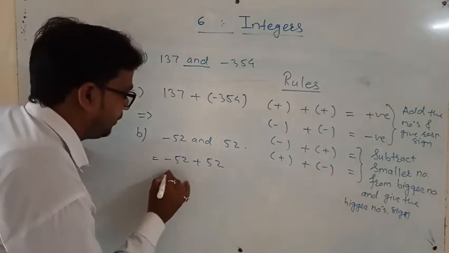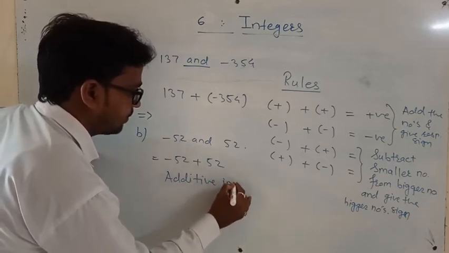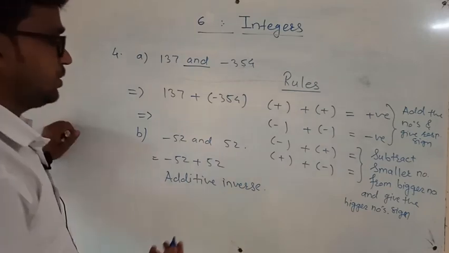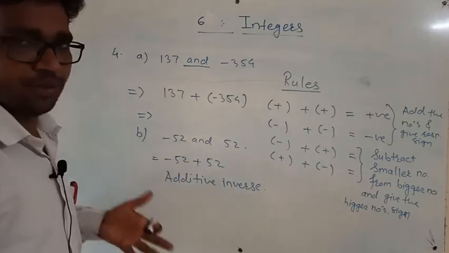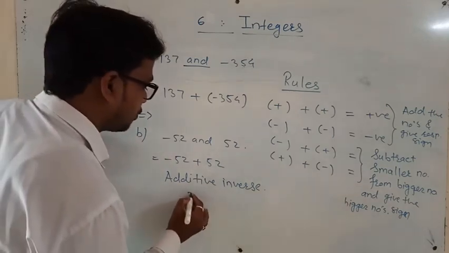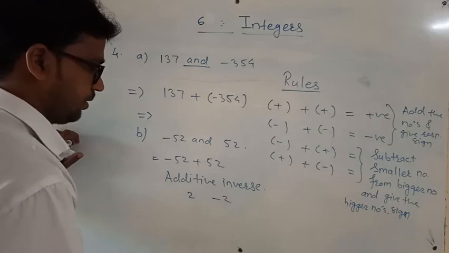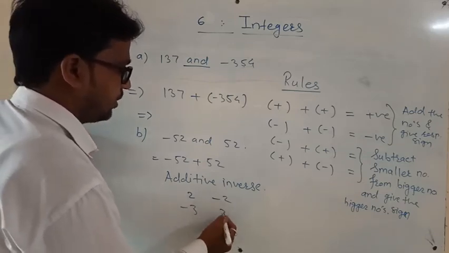It's the additive inverse. These are additive inverses. Now what is meant by additive inverse? Suppose 52 is there, then the additive inverse of 52 is negative 52. If the number is 2, then the additive inverse of 2 is negative 2. If the number is negative 3, then the additive inverse of negative 3 is 3.